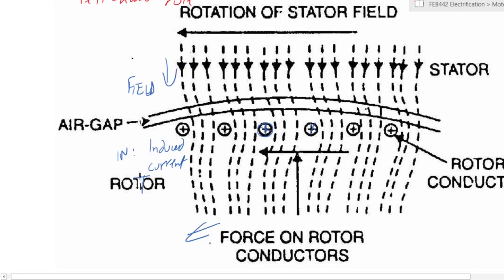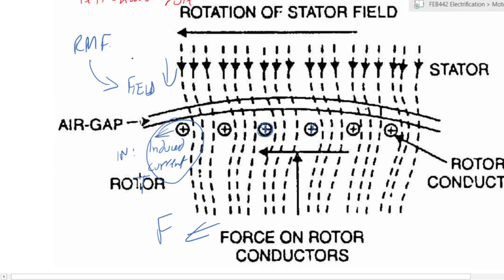What this means is that the rotating magnetic field moves in the same direction as the force that will be acting on the rotor conductors. Because you have the field from the rotating magnetic field, you have a current that is induced, you then have a resulting force that is acting on the conductors in that direction.